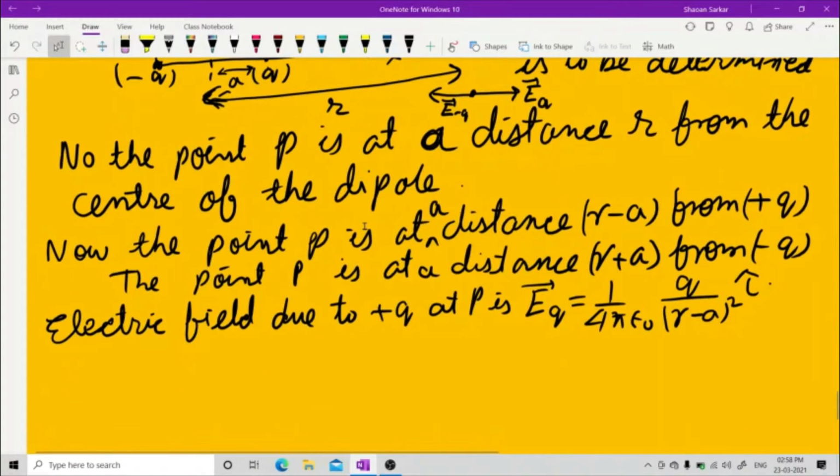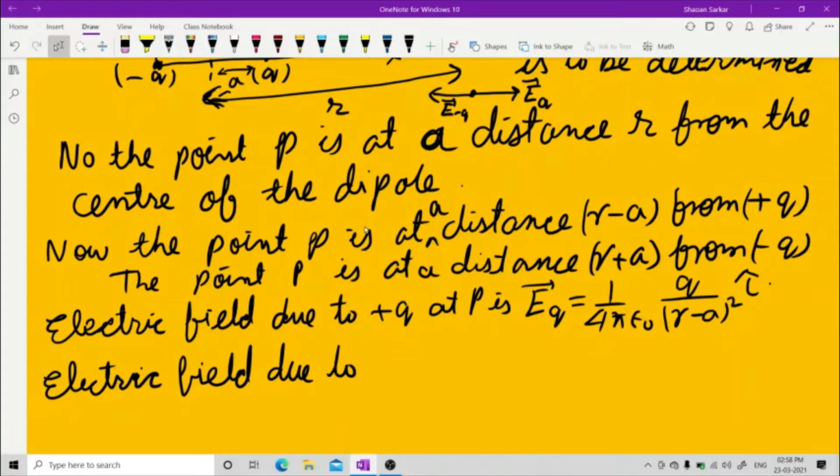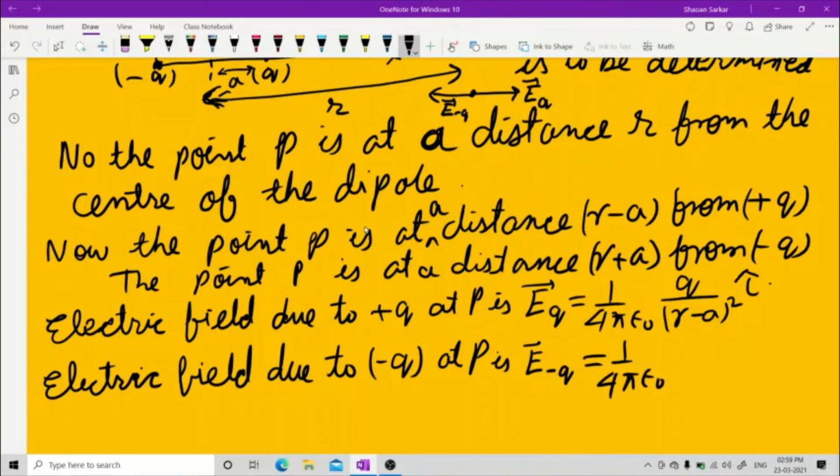Now the electric field due to minus q at P, let us write it properly, E minus q is equal to 1 by 4 pi epsilon naught q upon (r plus a) whole square minus i cap.